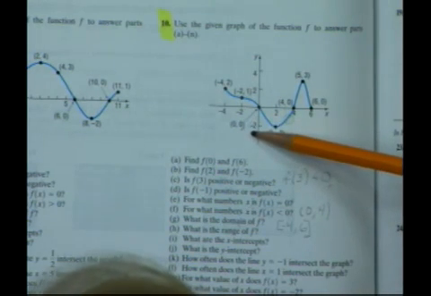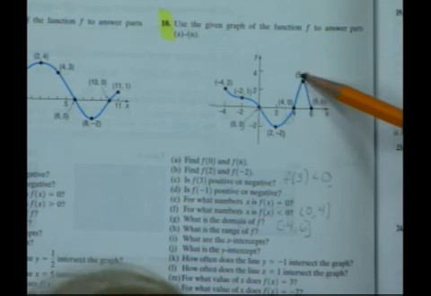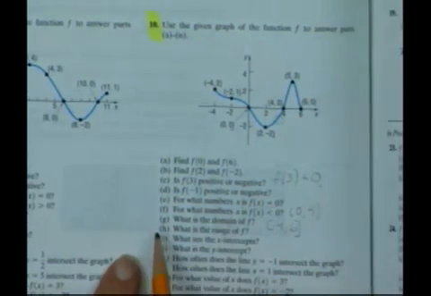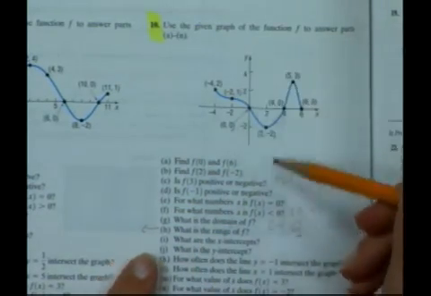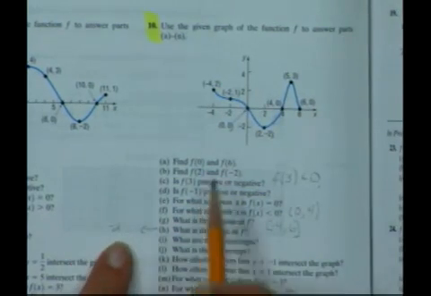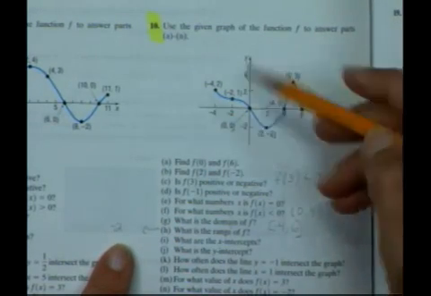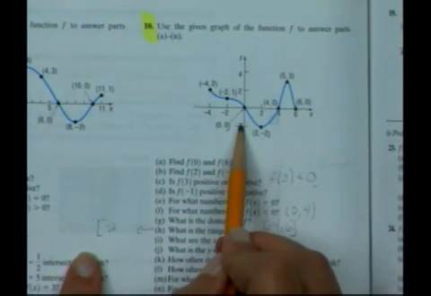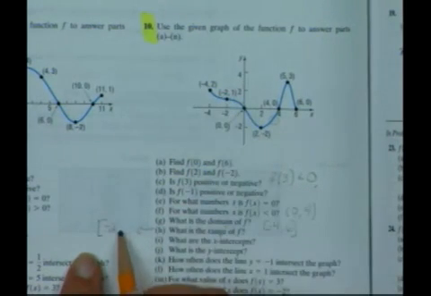And what's your largest y value? 3. So your range is looking at your y values, and your y values go from -2. Are we going to use a square bracket or open parenthesis? Square bracket, because -2 is there, and we're going all the way up to 3.